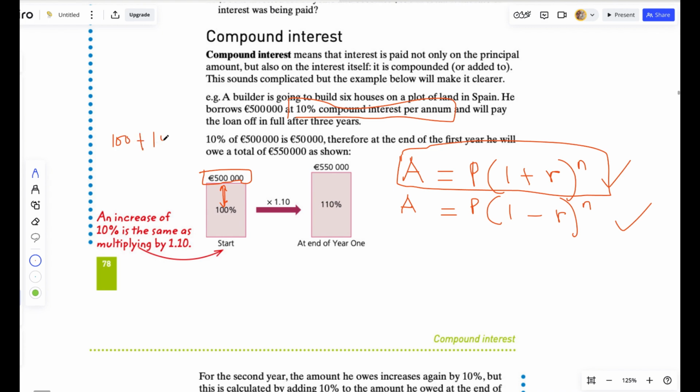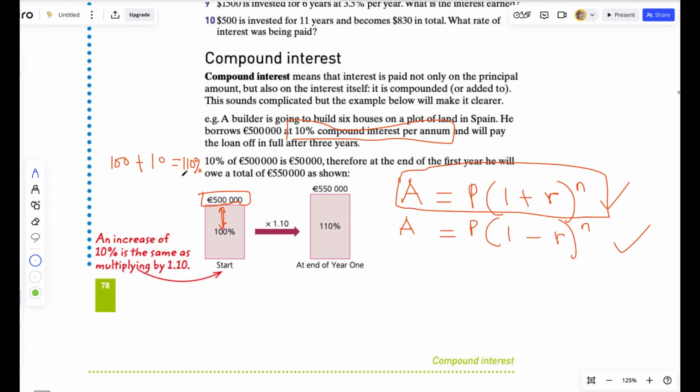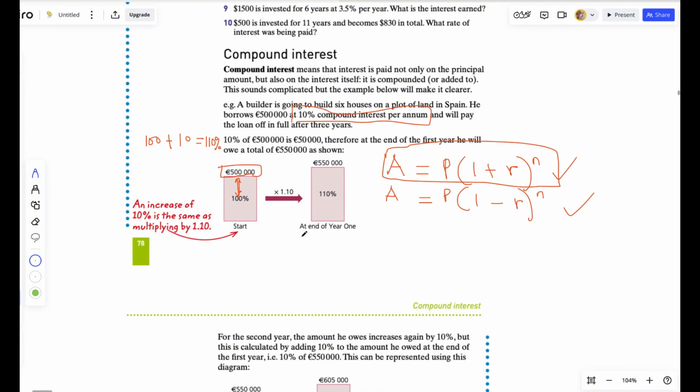If you change it to a multiplier, which means change it to decimal, this is 110%. To know how much you're going to pay at the end of the first year, this 110 you change to a multiplier will become 1.1. Is that okay?